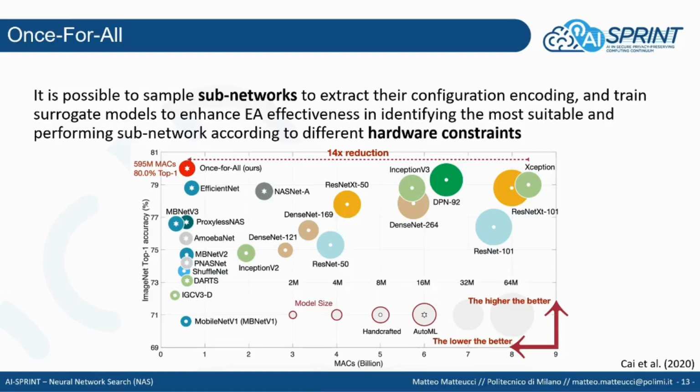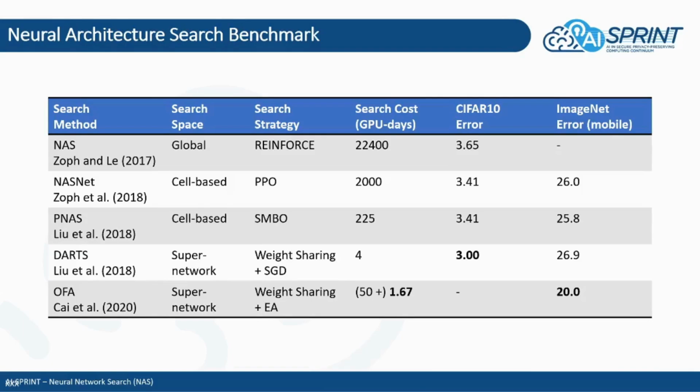If you remember, we can have different constraints either on accuracy or on the computational effort of this network. We introduced this picture in a simplified manner a couple of lectures ago. Now that the Once for All idea has been introduced, it is possible to design all the networks that we want by specializing the supernetwork based on hardware constraints.